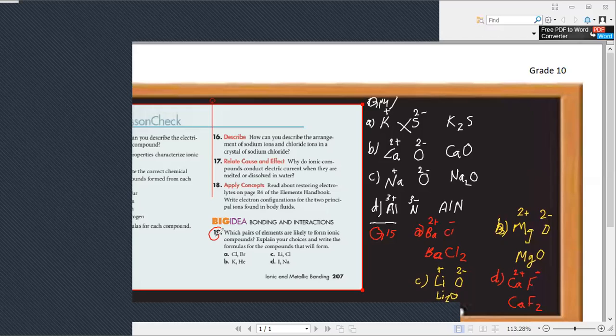Aluminum, gallium, indium in group 3A or 13 form a cation with charge +3. Any element in group 15 or 5A forms a negative charge ion with charge -3. Group 6A, charge -2. Group 17 or 7A forms a negative charge ion with charge -1. Any question?